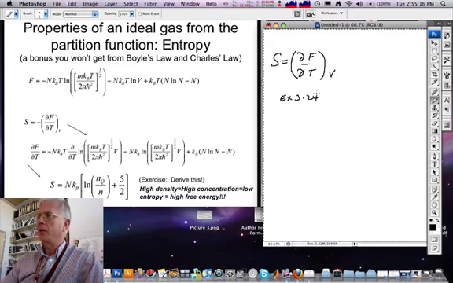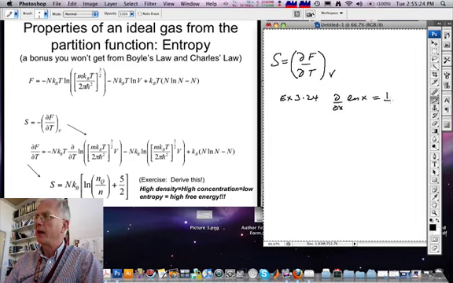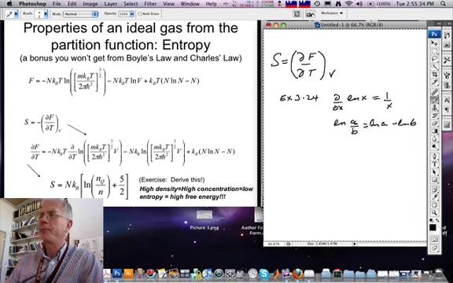To do this, you'll need to remember the result I just gave you, which is that d by dx of log of x is 1 over x, and you'll make copious use of the result that the logarithm of a over b is log a minus log b.